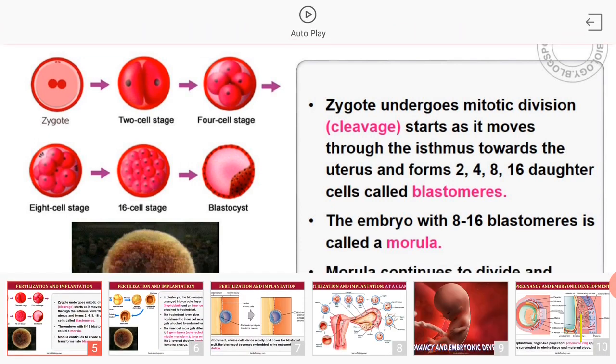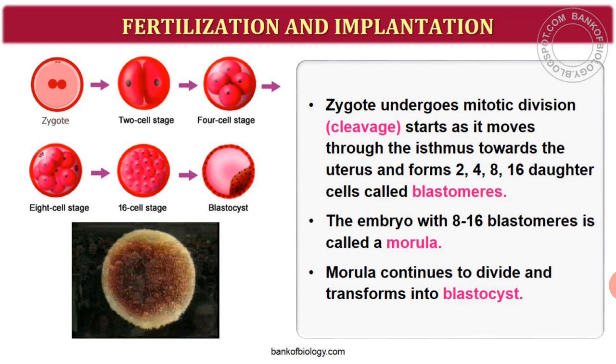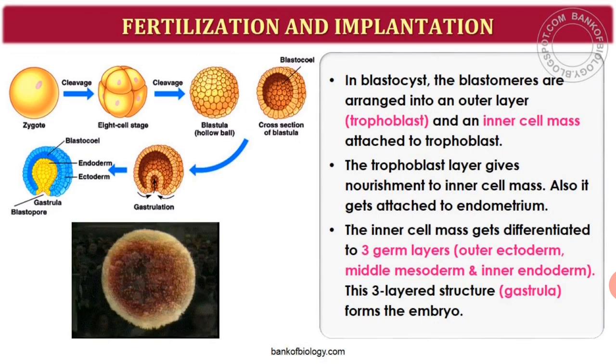Here you can see the diagram of the blastocyst. The same thing they have given: zygote, then the 2, 4, 6, 8 cell stage, which has transformed itself into a blastula. In human beings you call this a blastocyst.